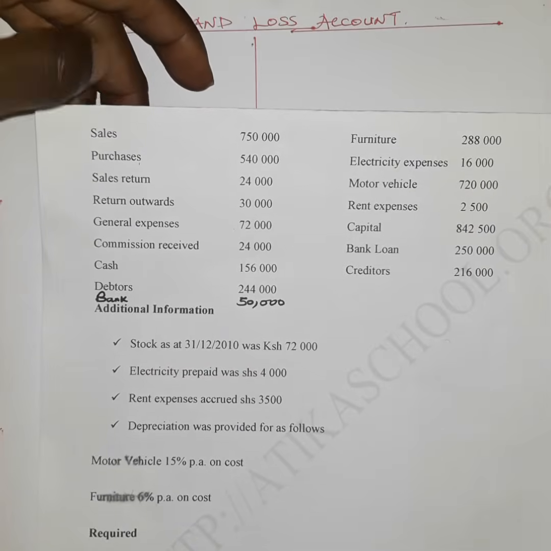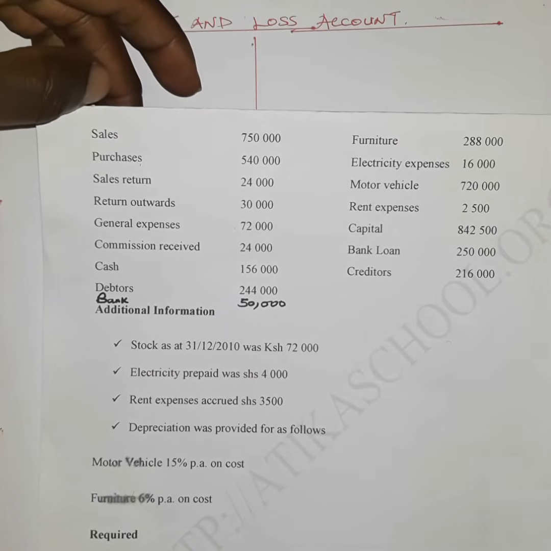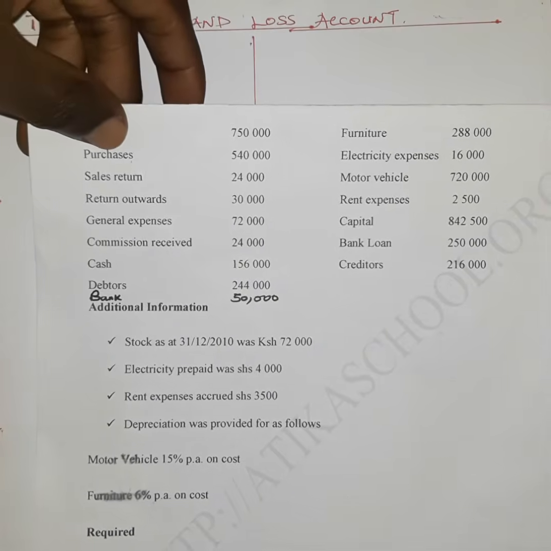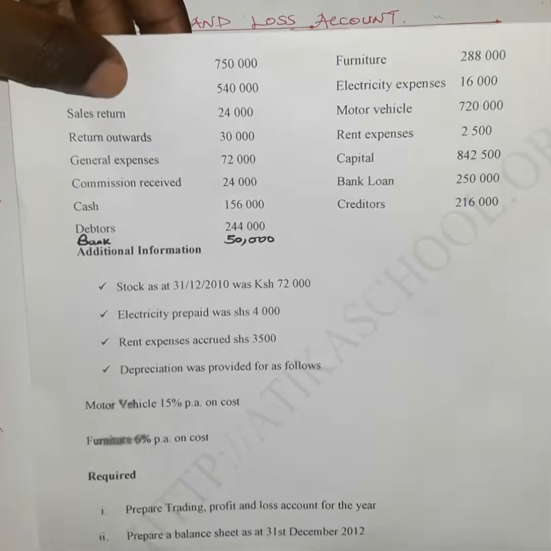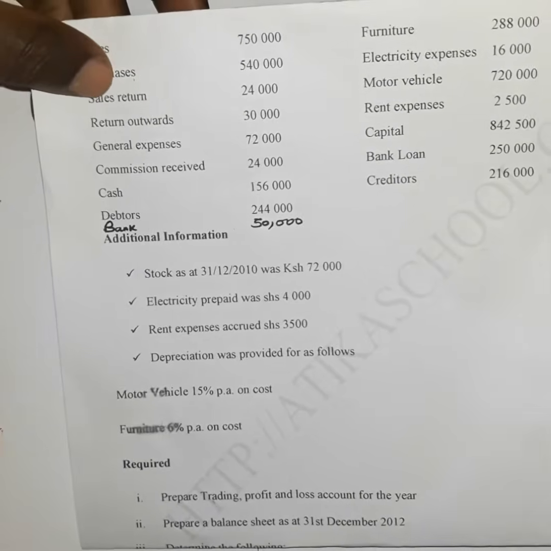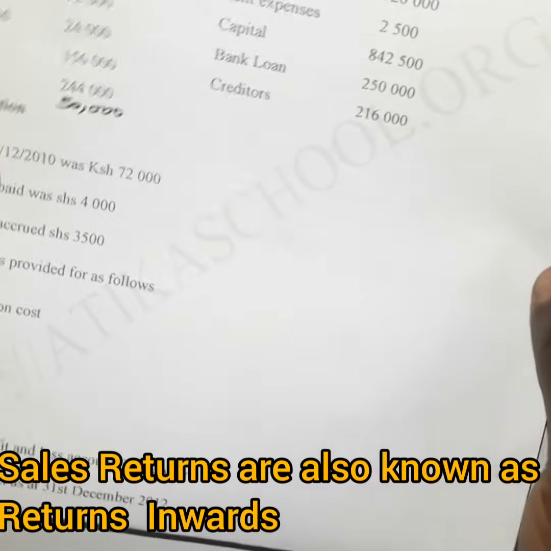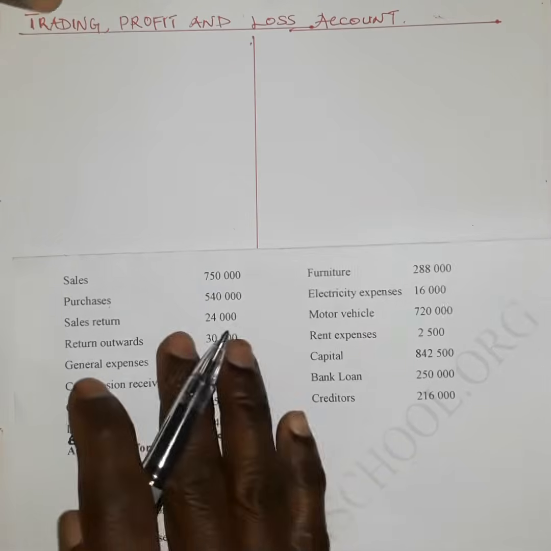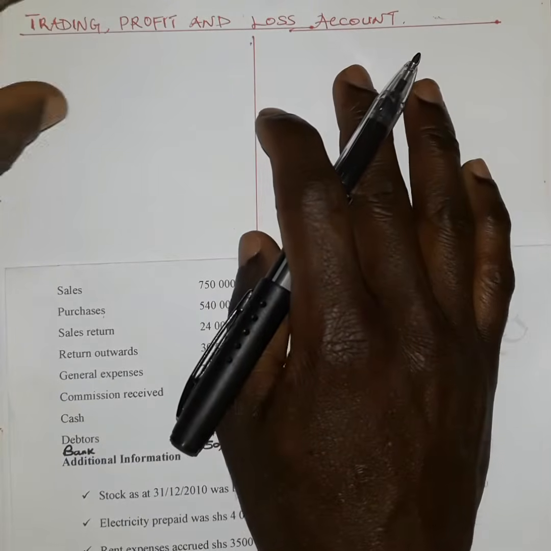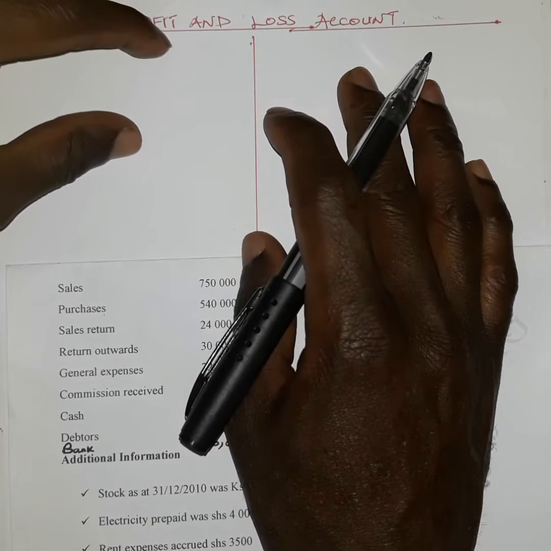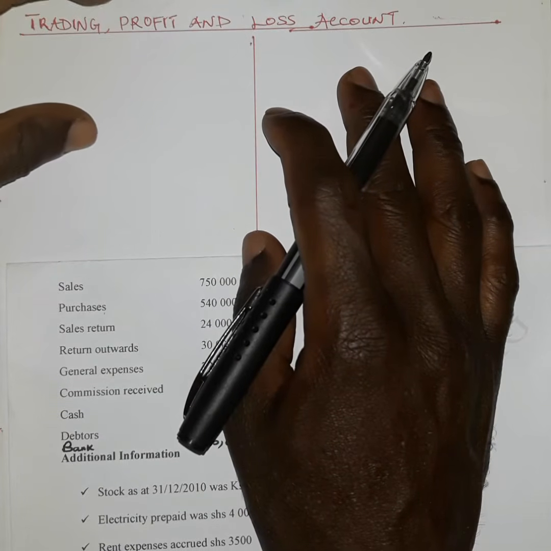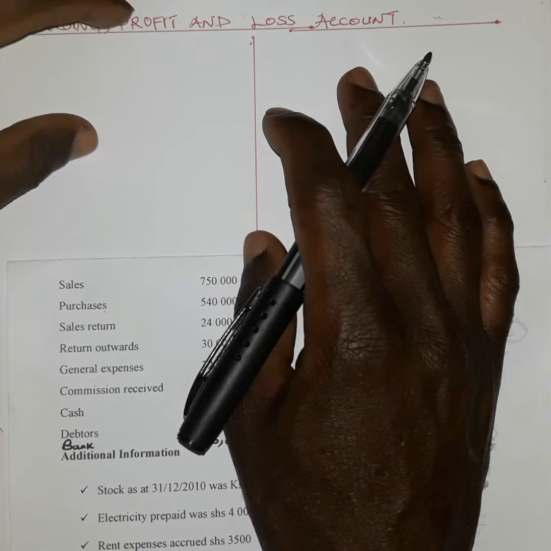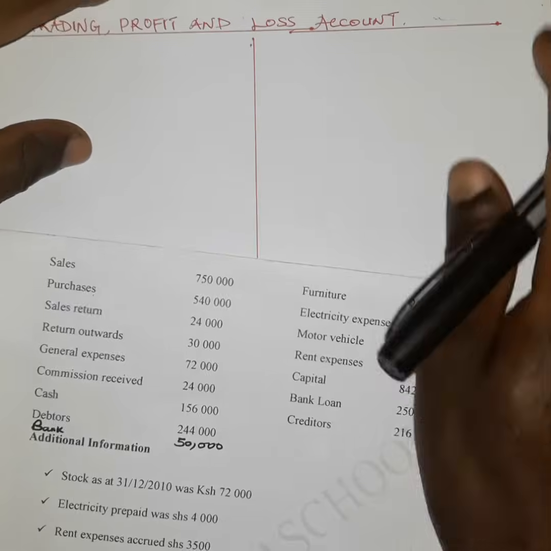They are supposed to be deducted from the sales to give the true value of sales, which is used in comparing with the cost of sales to see whether there was a profit or a loss. Like I said, we normally have sales on the right hand side, and purchases and items which affect purchases on the debit side, on the left hand side. Then we are going to compare.